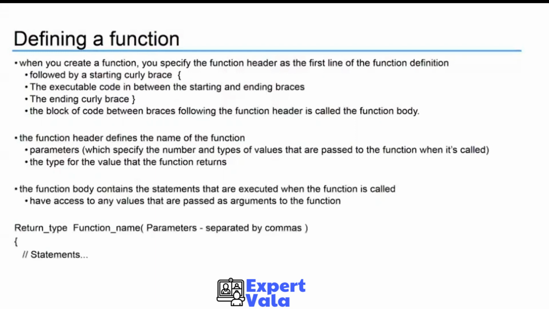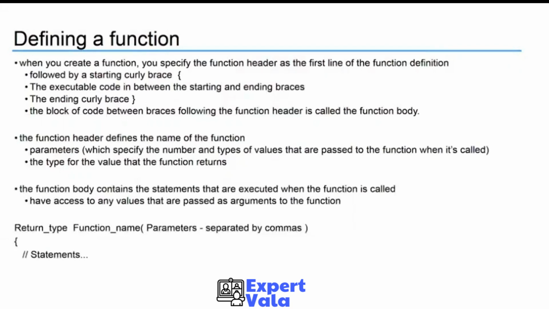What it looks like is this, a function header. The first word in the function header is a keyword representing the type of data that's going to be returned from the function. The next word is the name of the function, and then you have a left parenthesis, and then you have parameters separated by commas.